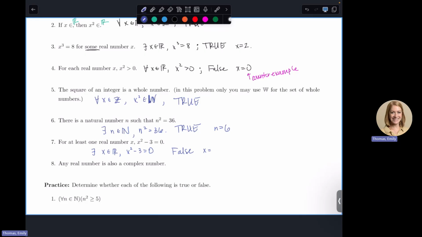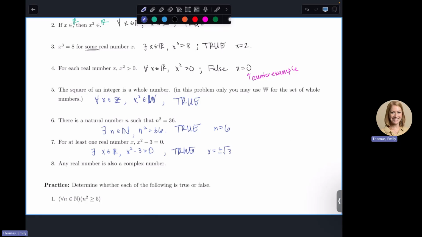The square root of 3 is a real number. So this is true. I didn't know for sure. It's irrational, and later we'll prove that, but it is still real. This is true. X is going to be plus or minus the square root of 3. Either one is still real, so that's fine.